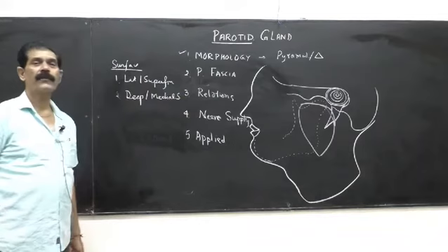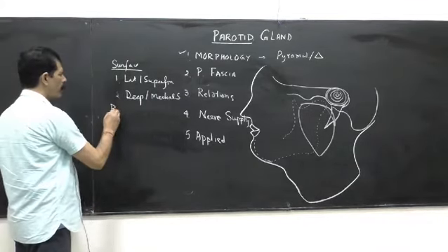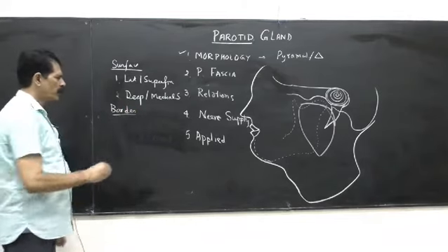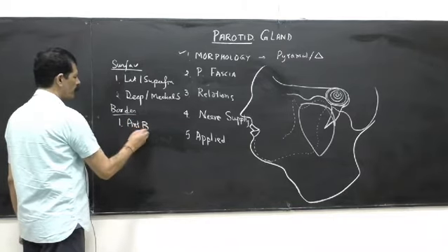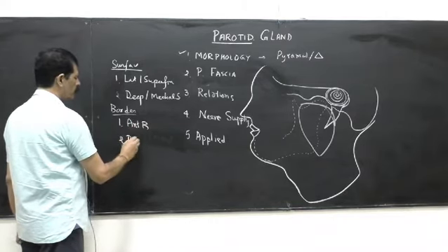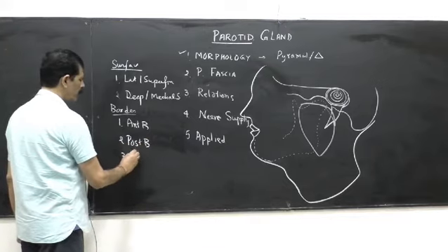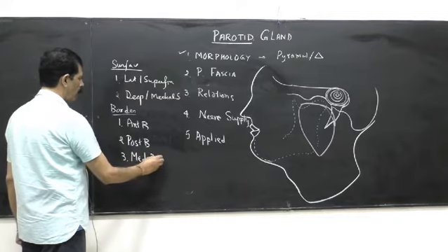These are the two surfaces. And regarding the borders, it has three borders: the anterior border, the posterior border, and third the medial border.